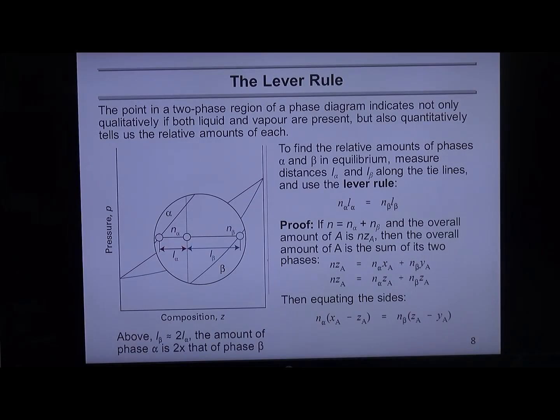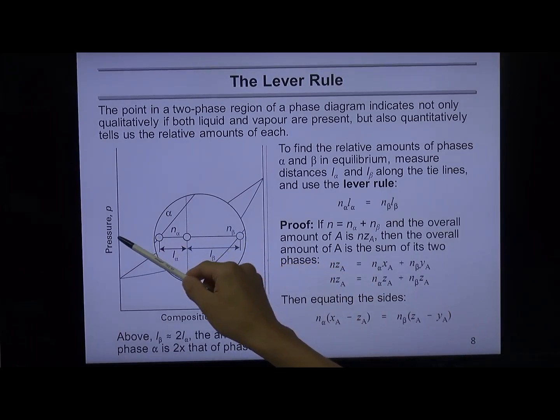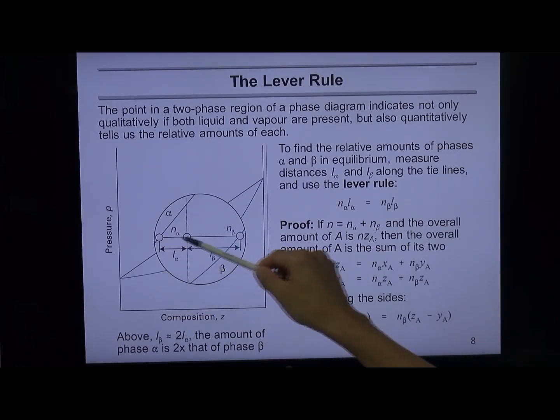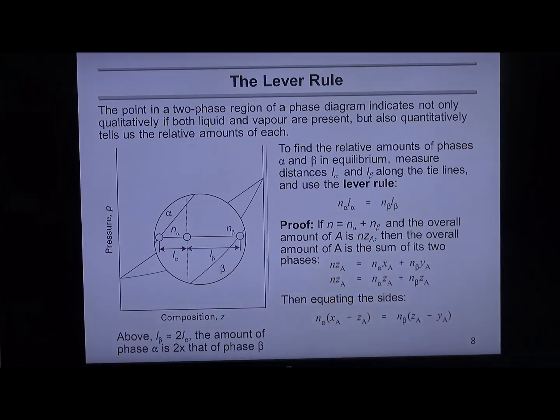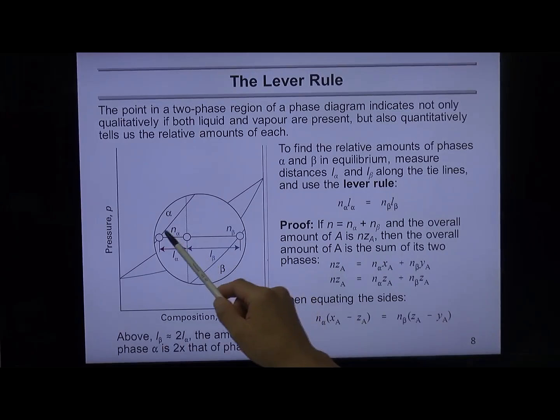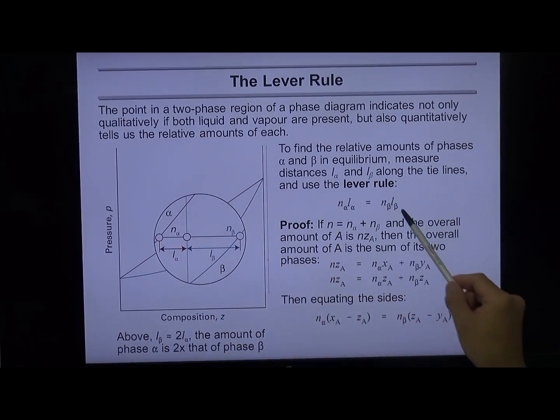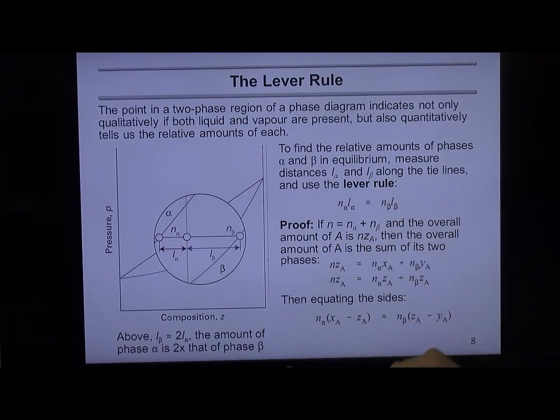If you have this kind of tie line, the pressure is here, the liquid phase composition is here, the vapor phase composition is here. So simply looking at this line, you can determine how much liquid and how much vapor are present using this rule.